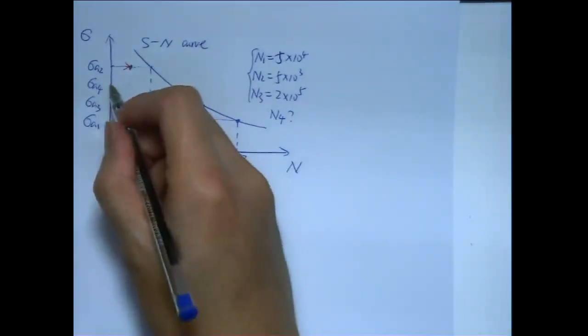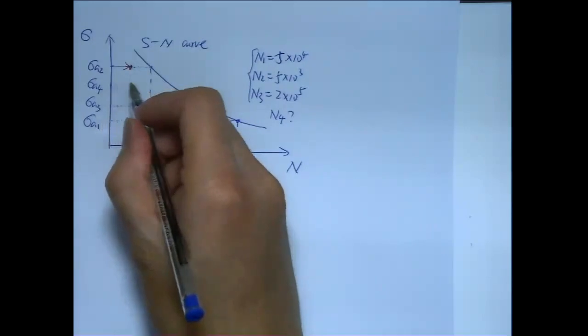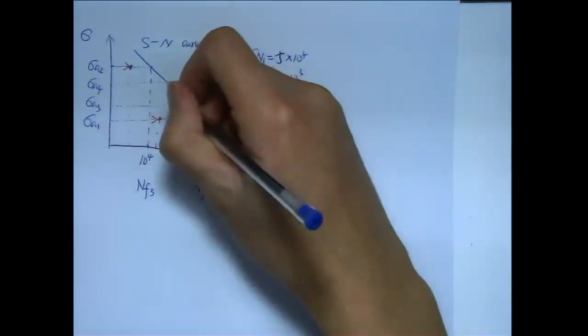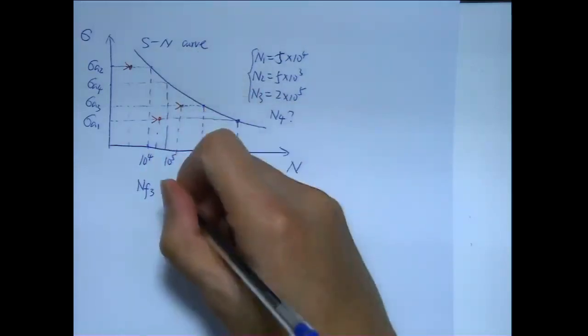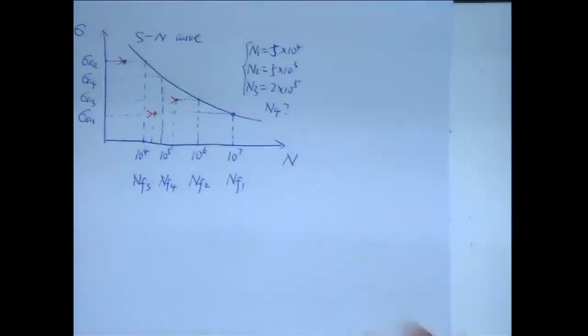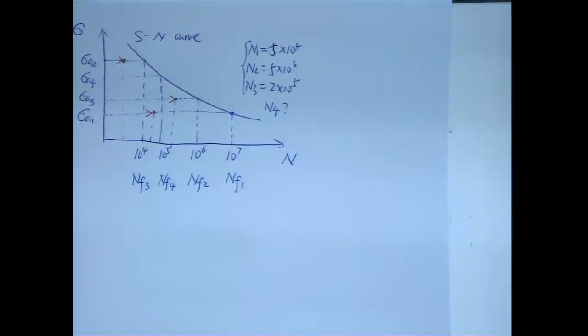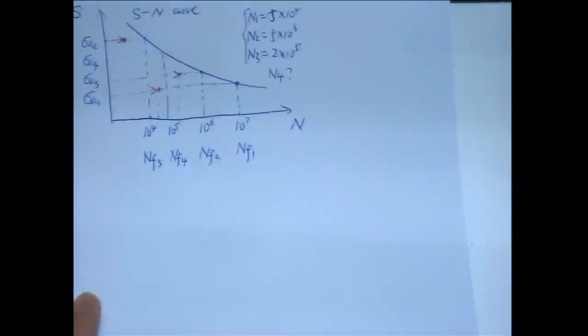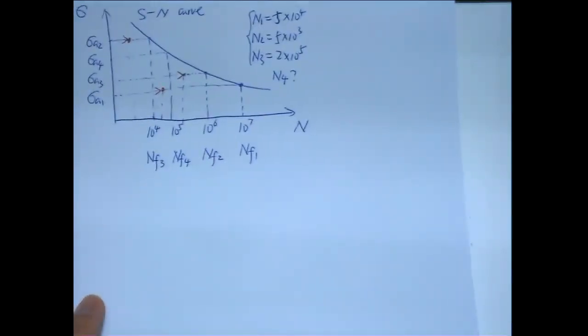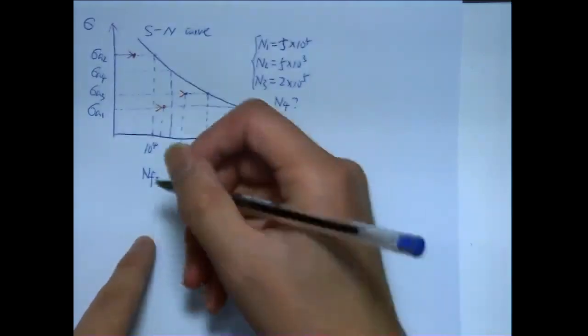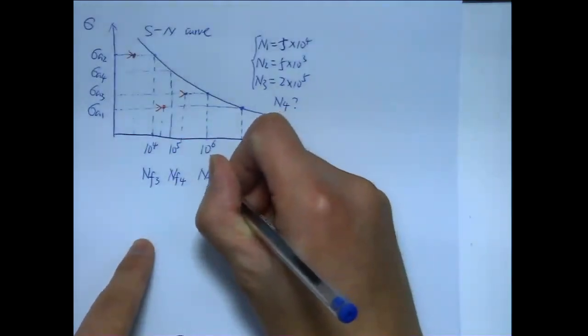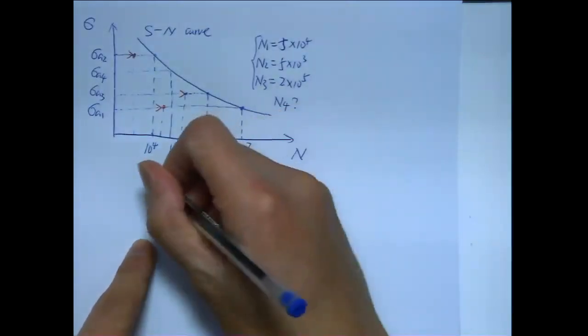So at this stress, it should fail at 10 to 5. So NF4, that's the fatigue life for each of them. That is NF3. That is NF2.